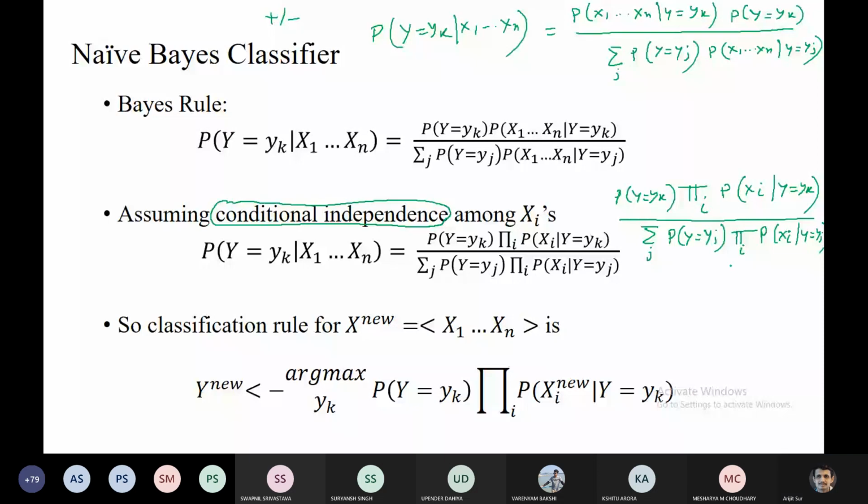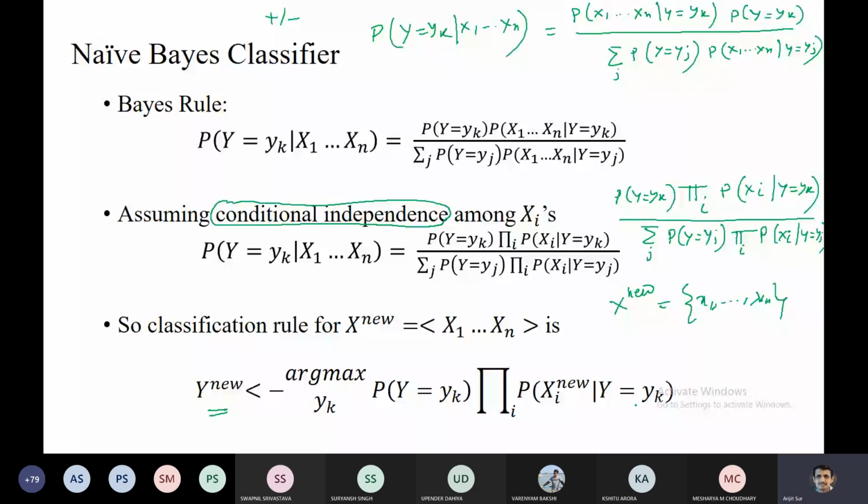So if an x new comes, that is x1 dot dot dot xn, what will be the y new? Argmax over yk of P of y equal to yk times the product of P of xi new given y equal to yk.